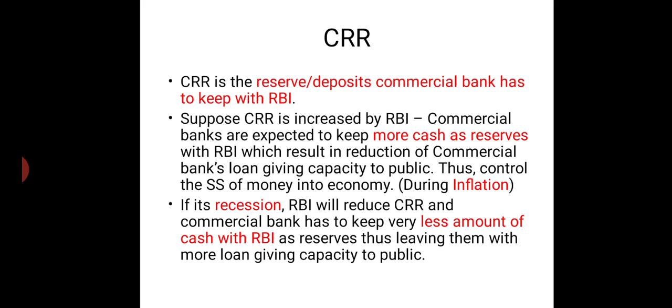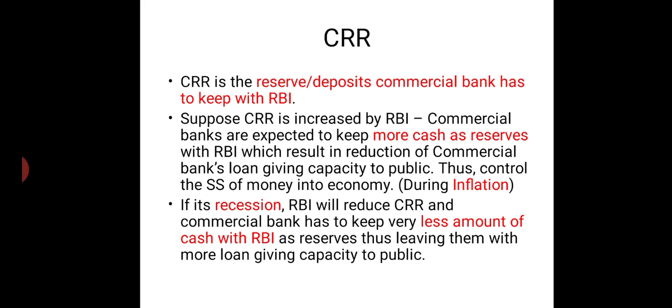Suppose the money supply is more in the economy, if there is inflation in the economy, now RBI has to decide on CRR. Just like the bank rate, CRR will be increased. Suppose the previous CRR was just 4%. If the money supply is increasing and inflation is going up, RBI has to do something.